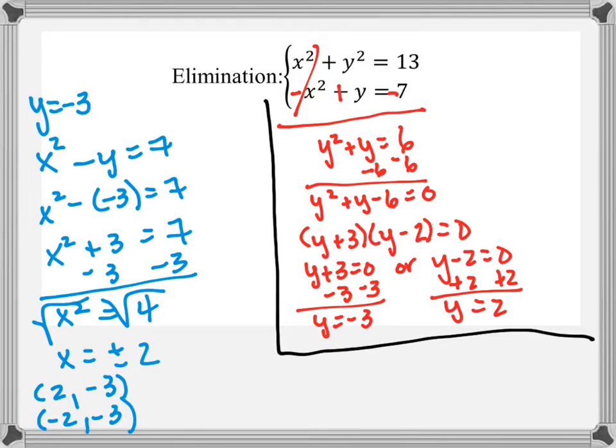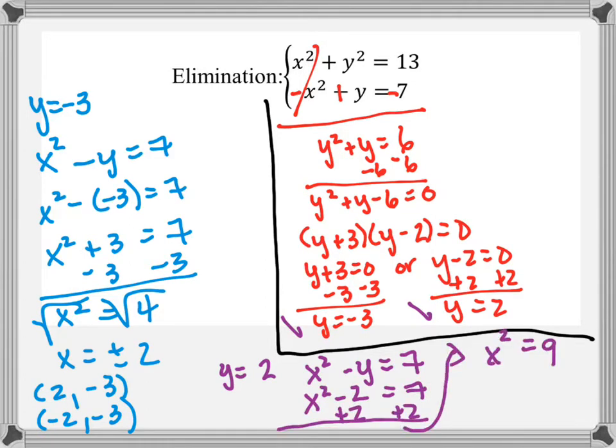Okay, now our other possible y value is 2. So we already found the x values for y equals -3. Now we're looking at when y is 2. I'm going to use the same second original equation, x squared minus y equals 7. I'll substitute in x squared minus 2 equals 7.